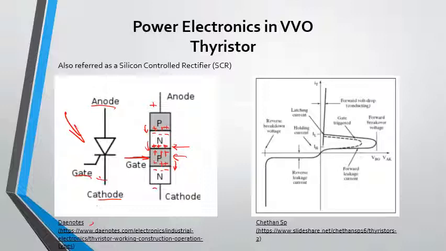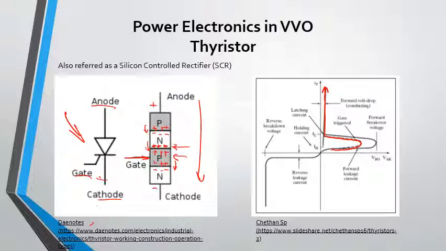Consequently, the current can flow through the entire thyristor. The advantage of using a thyristor is that we don't have to apply constant voltage to control it. All we need is just a pulse, and this can be better seen on the VI curve on the right. The voltage can be built up across the thyristor until we actually trigger the gate, and then the voltage will drop down. The current will be allowed to flow through as long as there is current.